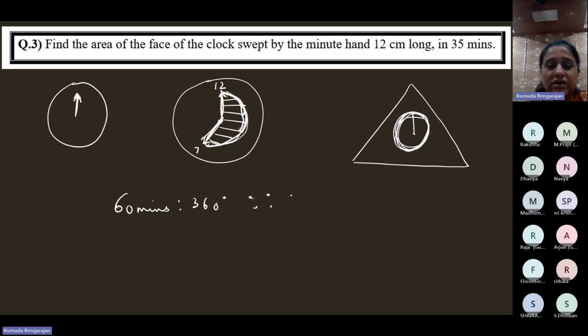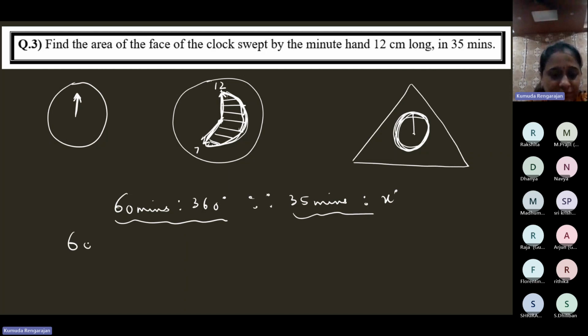Then in 35 minutes, it will go how many degrees? X degrees. First, you write the general thing. Then you write the specific one, what you want to find. In 60 minutes, the minute hand covers 360 degrees.